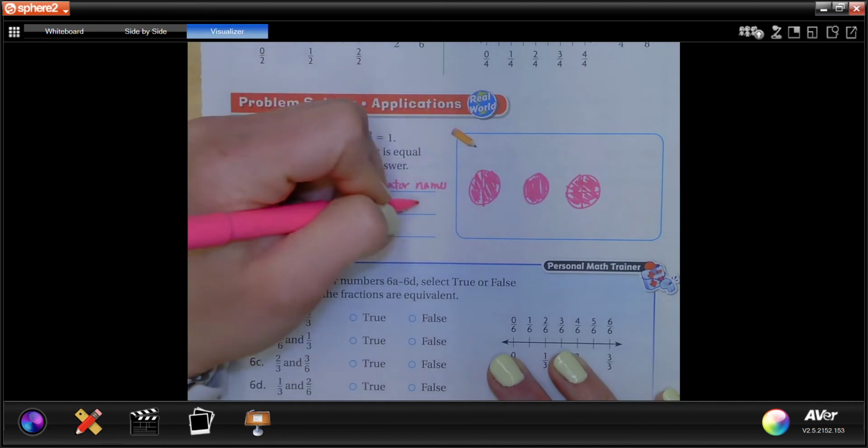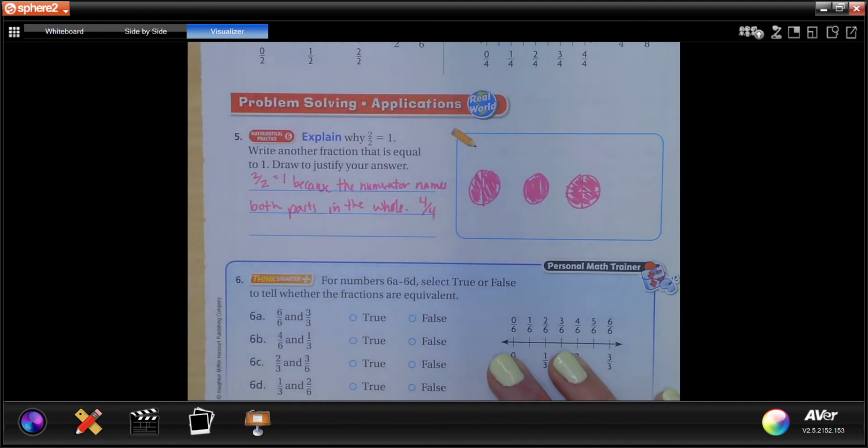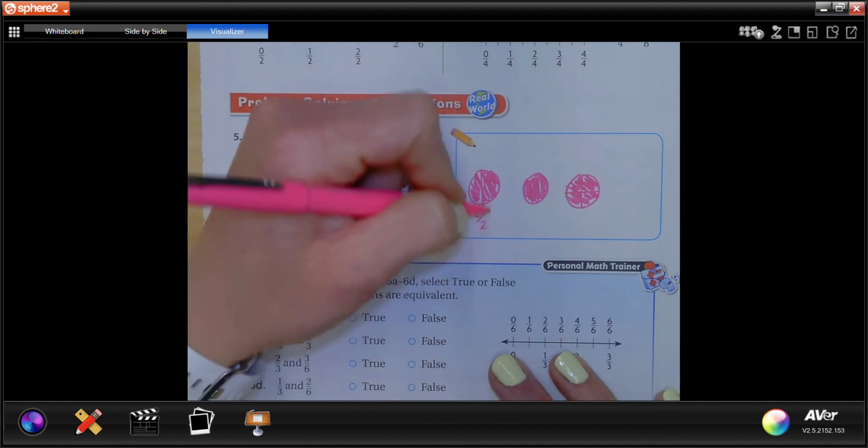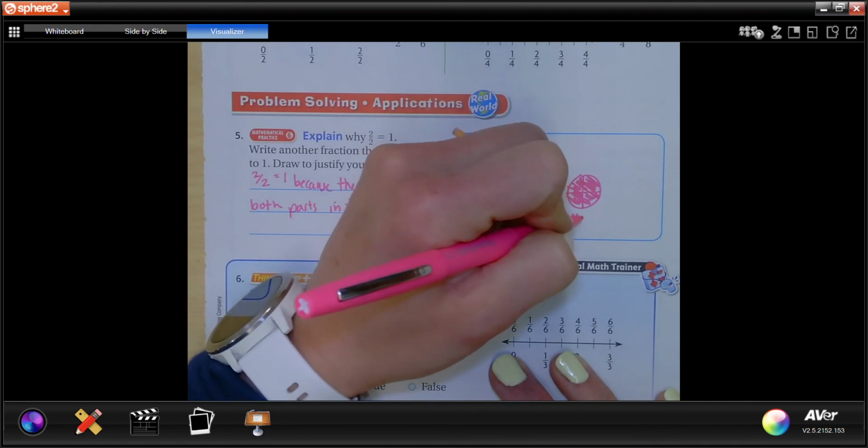So our example was 4/4. So this was 2 out of 2, this was 1 whole, and this was 4 out of 4.